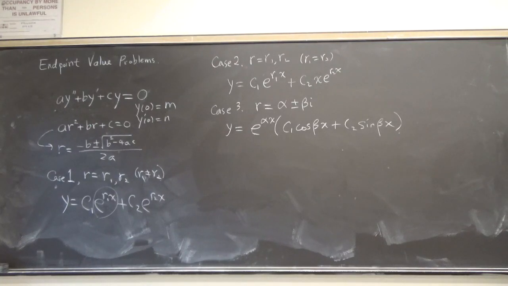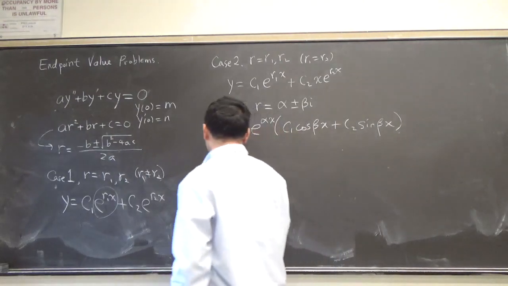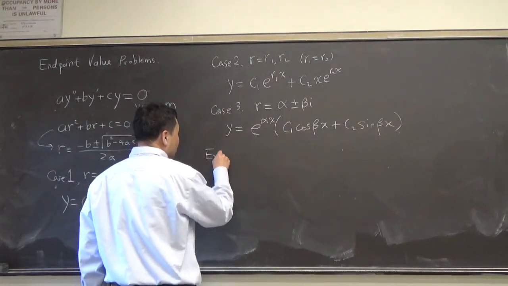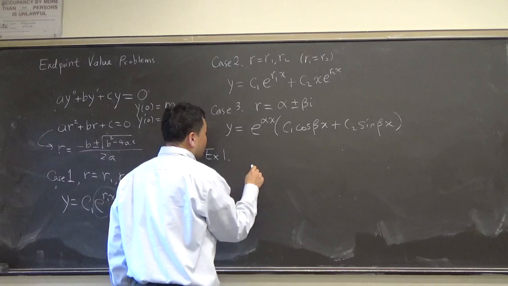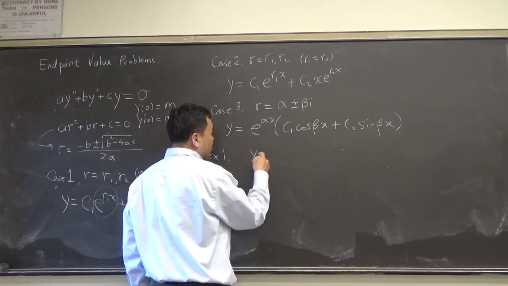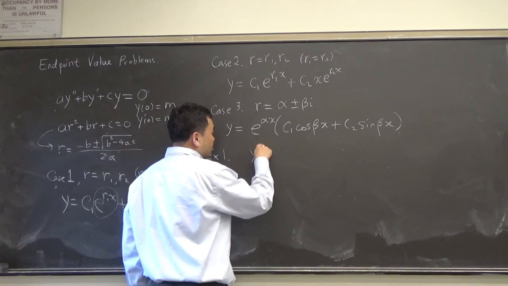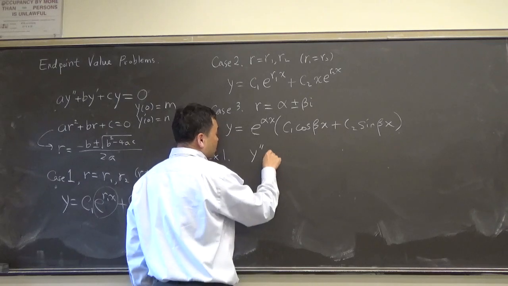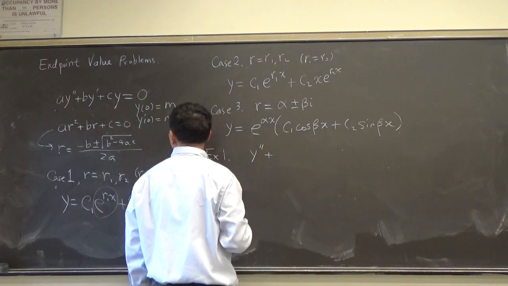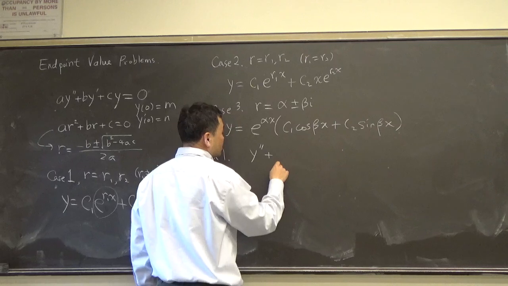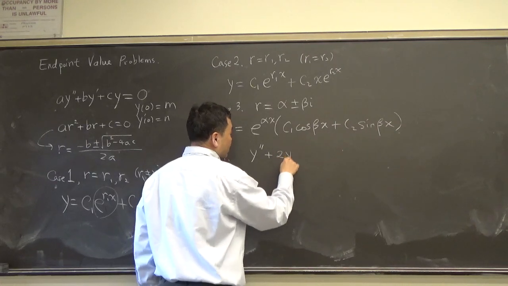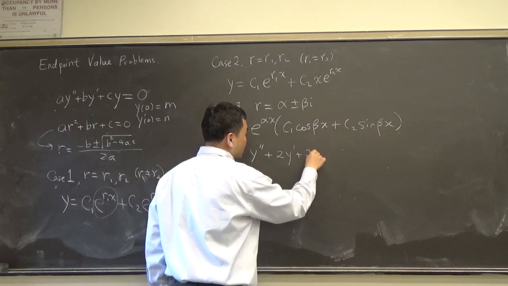But then, I want you to think about this other type of endpoint value problem. Here's an example. If you have y double prime plus, let's say, 2y prime plus 2y equals 0.